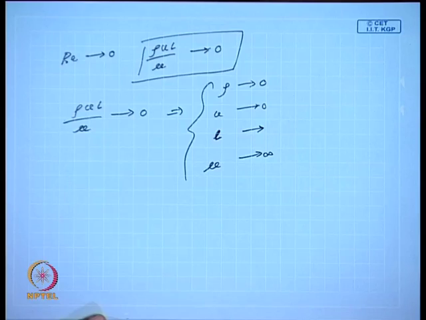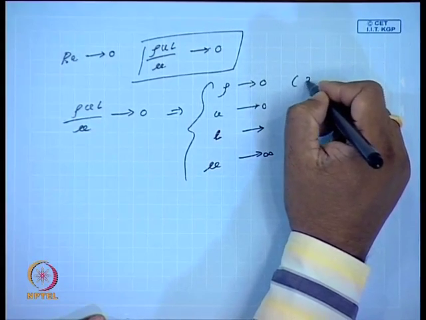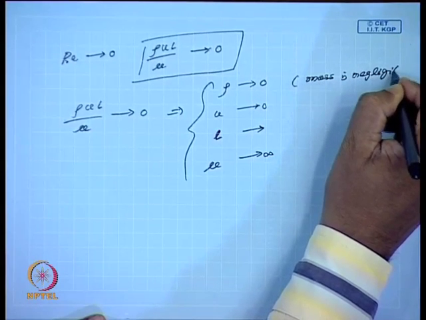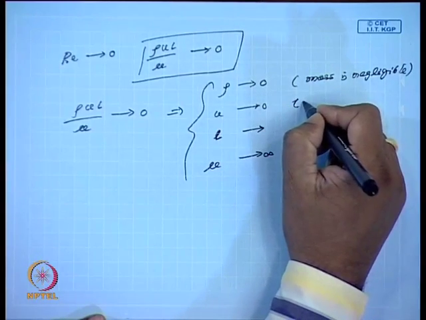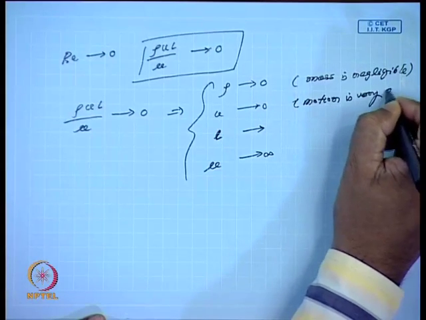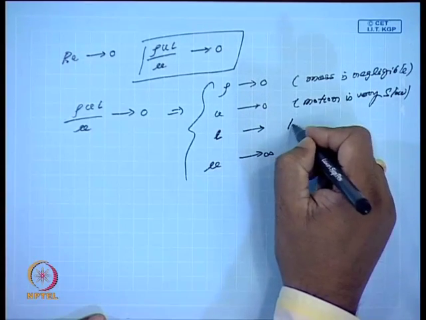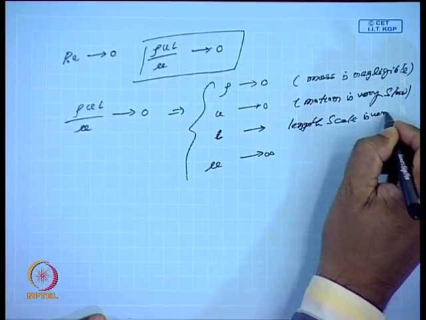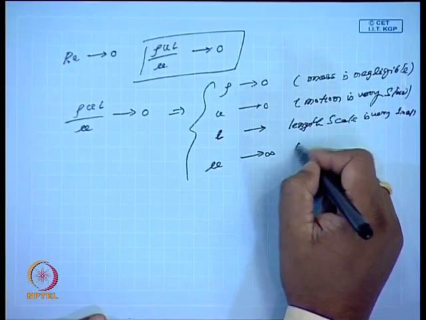What physically does it mean? When rho tends to 0, mass is negligible. U tends to 0 means motion is very slow. L tends to 0 means the length scale is very small. And when mu is very large, we look at a highly viscous fluid.